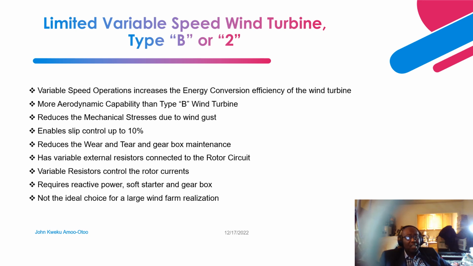It requires reactive power, but the reactive power requirement is on a lower scale compared to the type A, and it also requires a gearbox. Just like the type A, it's not an ideal choice for large wind farm realization, though you can implement this type of wind turbine in a smaller wind farm realization.